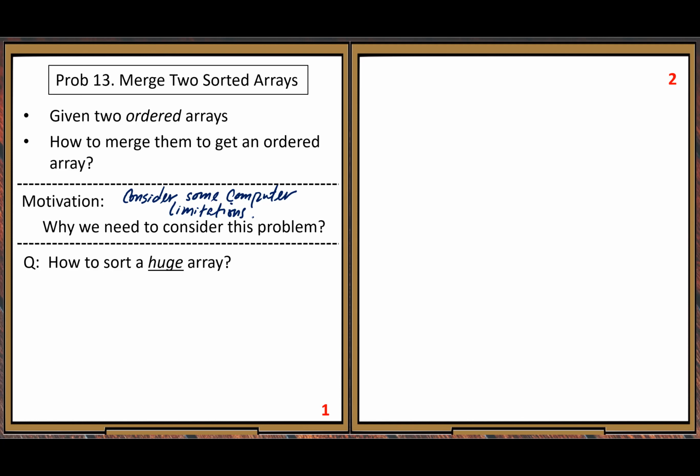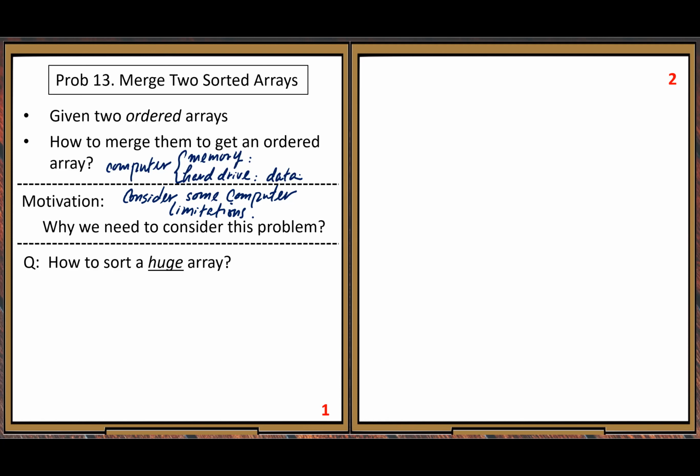We know in the computer, we have memory, main memory, and hard drive, right? The data is originally stored in the hard drive.